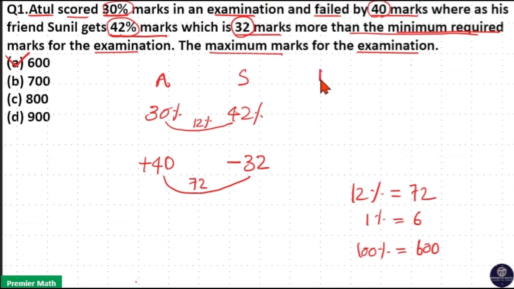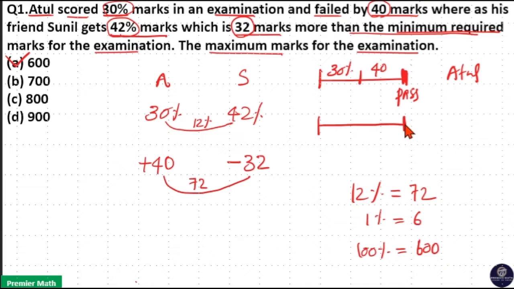If you have doubt, let us consider this as the pass limit. Atul scored 30% marks and he failed by 40 marks. That is, if he gets 40 more marks, he will pass the examination. Now, Sunil gets 42% marks.